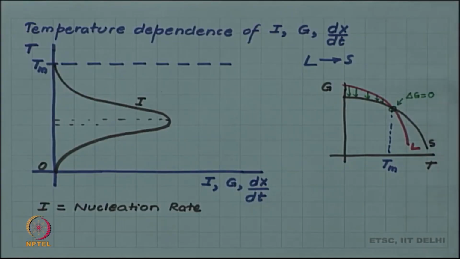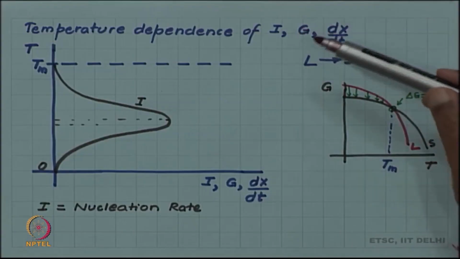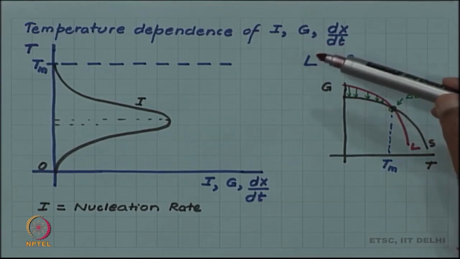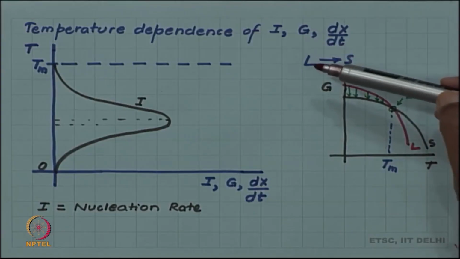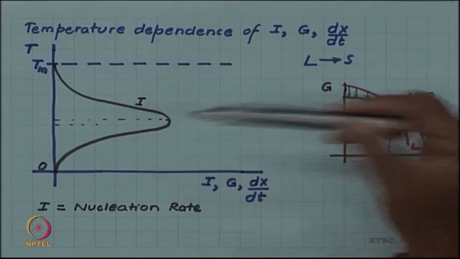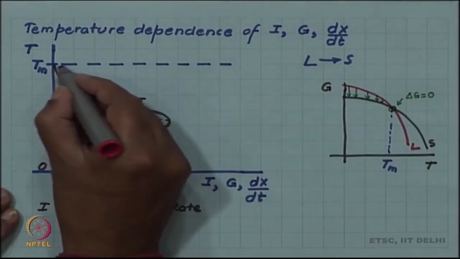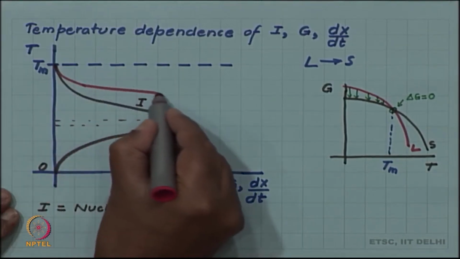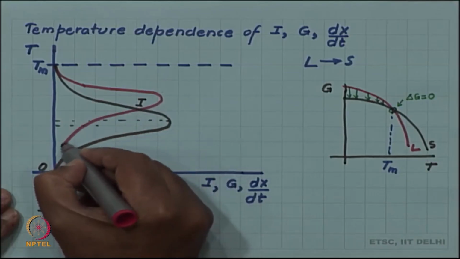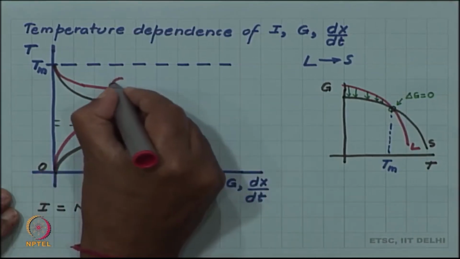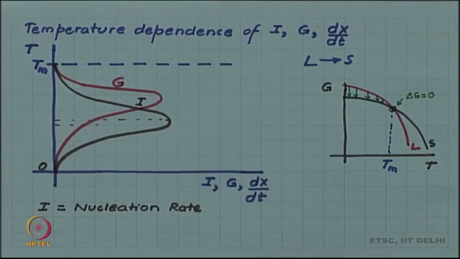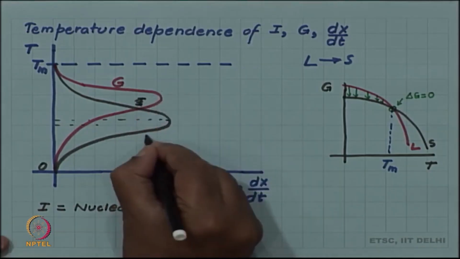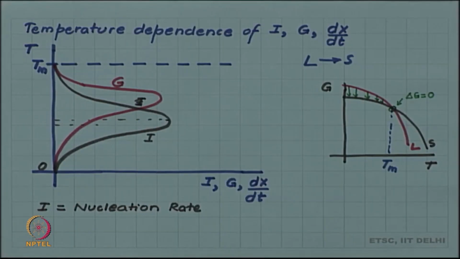This same competition between driving force and atomic mobility is true for the growth also. Growth also requires both the driving force and atomic mobility. So, growth rate also shows a similar pattern, but the temperature at which it will attain maximum is a different temperature, and I draw it like this. So, this is for growth rate. Let me write it here, so that there is no confusion.